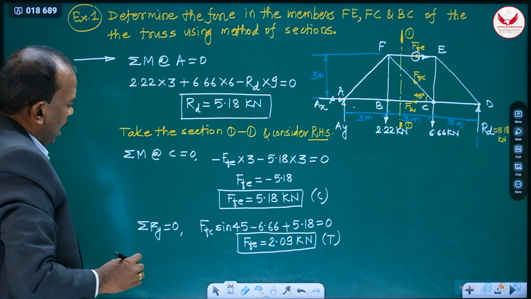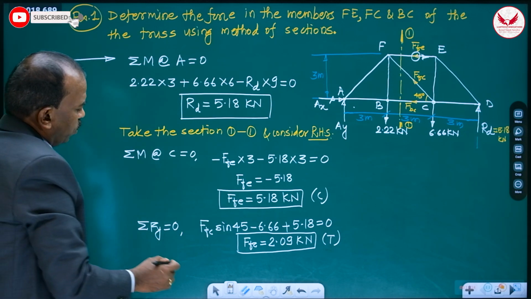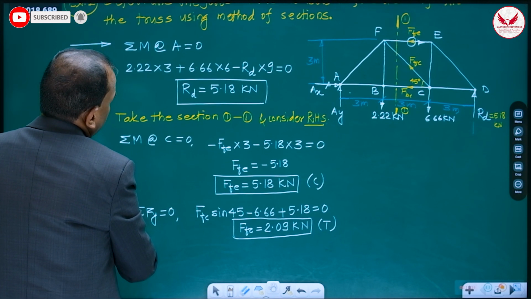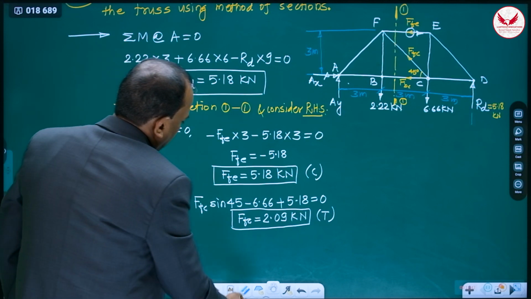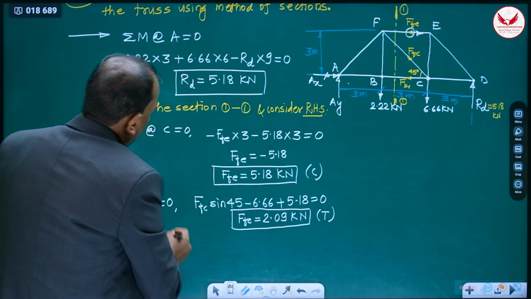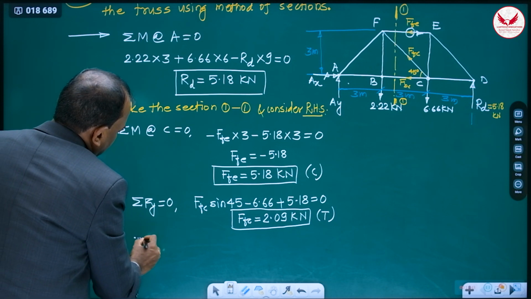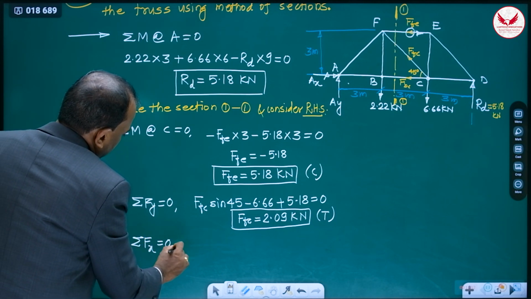And then last condition we are supposed to use is what? Summation M is there, summation Fy is there. The last condition will be summation Fx is equal to 0.